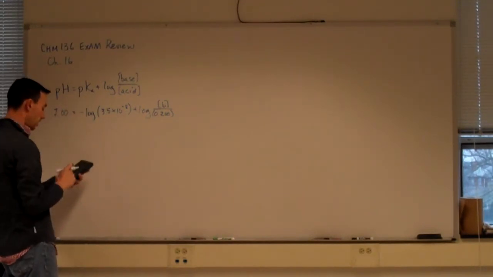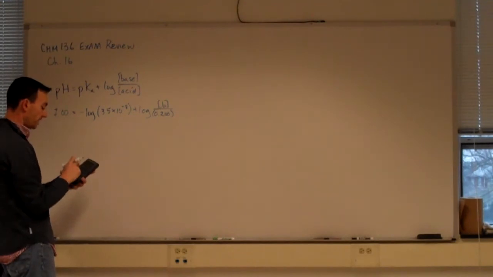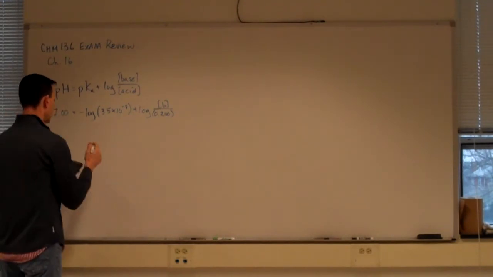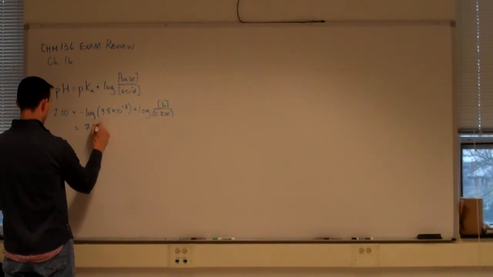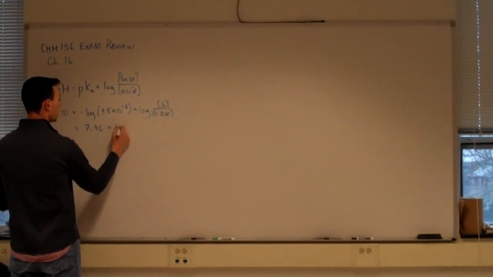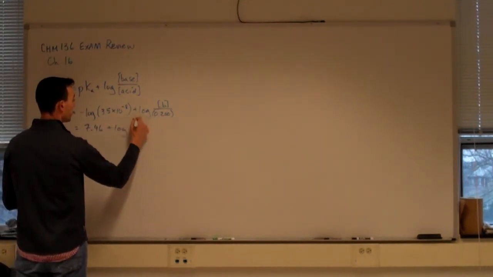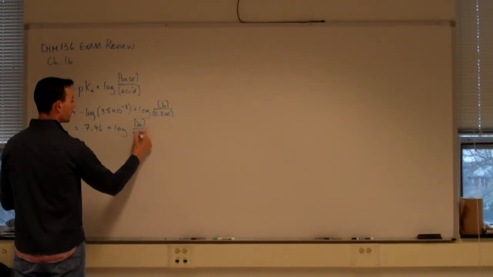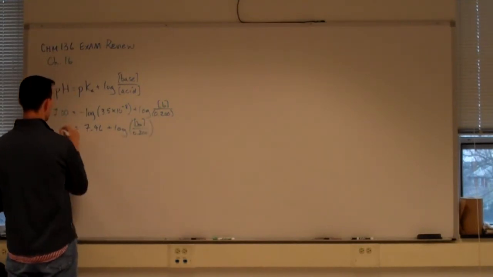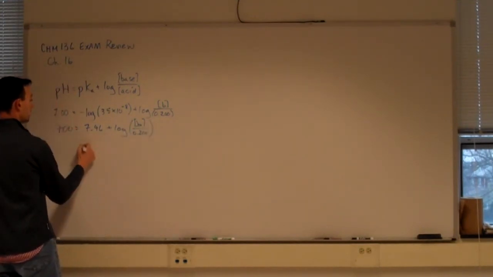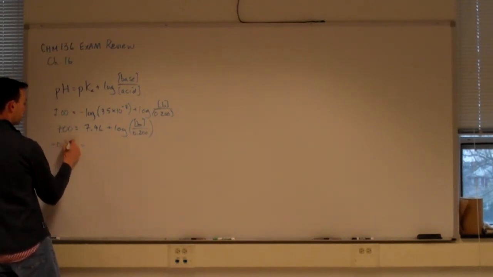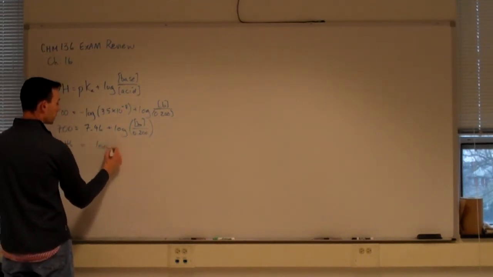The negative log of 3.5 times 10 to the negative 8 is 7.46 plus the log of this base concentration over 0.2. So when we subtract, we've got negative 0.46 equals the log.